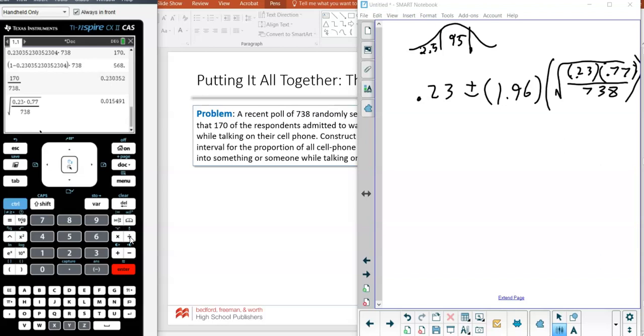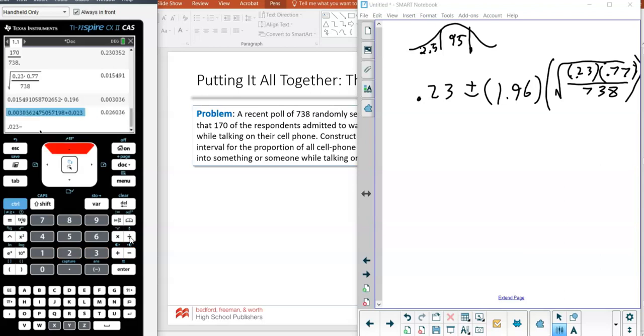I'm just going to do the next step in my calculator. So times 1.96 is that. We're going to add that to 0.023, and 0.023 minus that number. So that should be our interval. So I did a lot of work there.